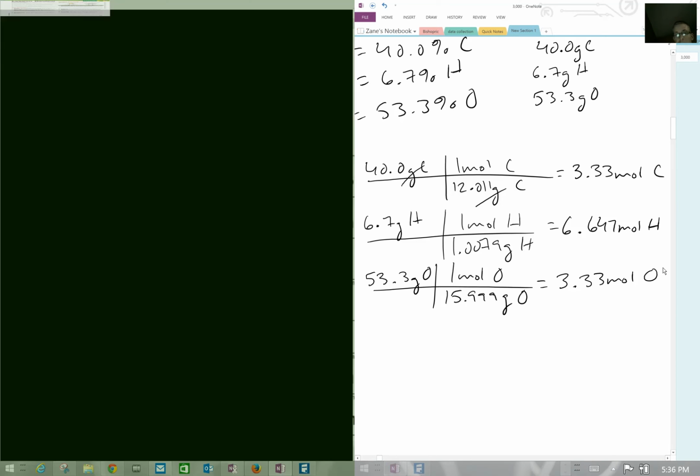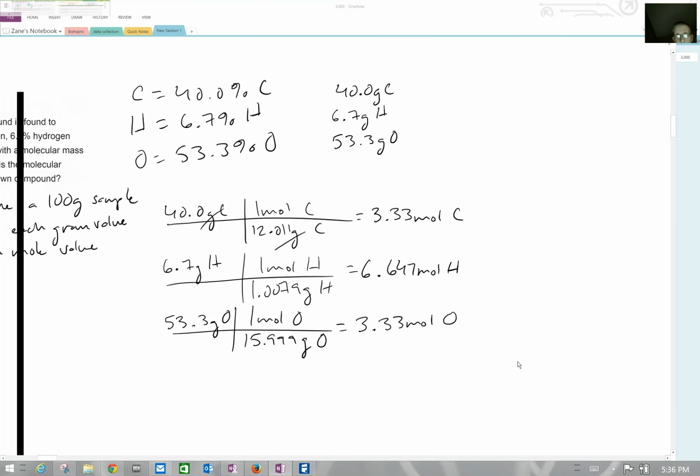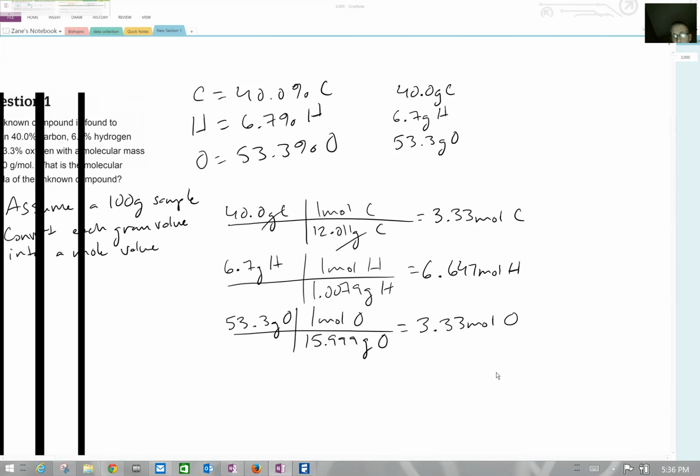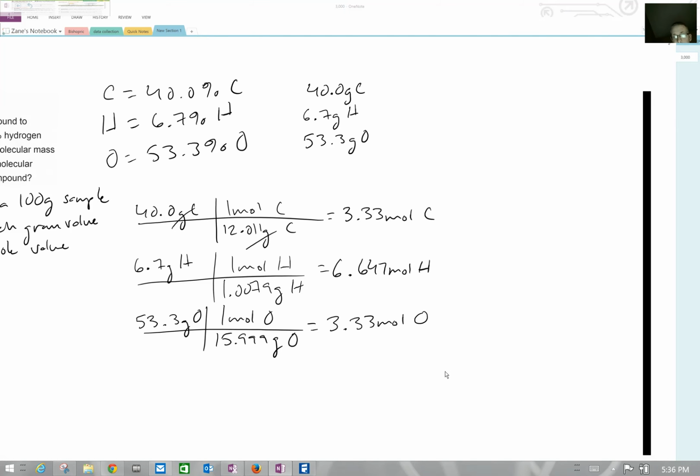Okay. Now notice, if you look at these numbers real close, you'll see some patterns start to emerge. These numbers are the same. In other words, the ratio of moles of carbon to moles of oxygen is a 1-to-1 ratio. You'll also notice that the moles of hydrogen is about double those of carbon and oxygen.